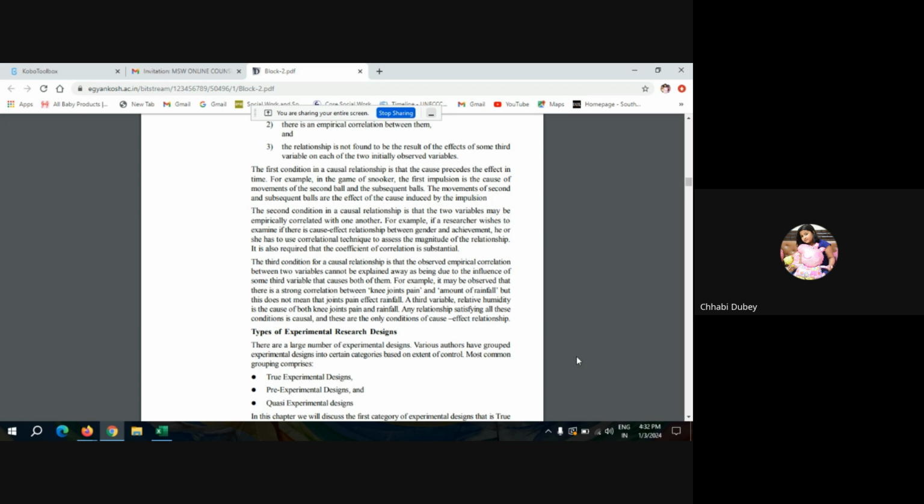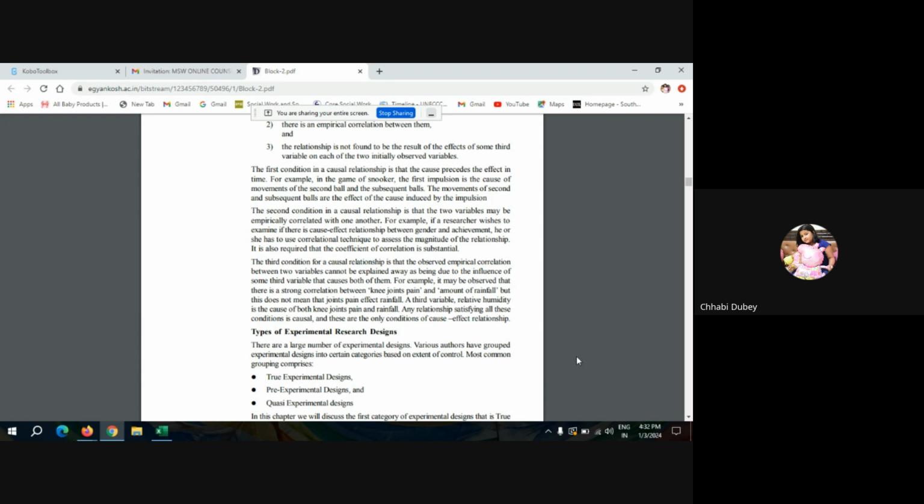But this does not mean that joint pain affects rainfall at all. The third variable, relative humidity, is the cause of both. So relative humidity is causing the joint pain and it is also leading to excess rainfall. So here we have to understand that there is a third condition that is again affecting the two conditions that we have been given.